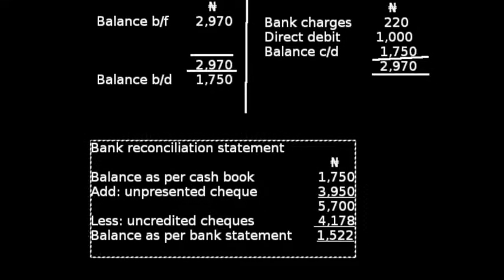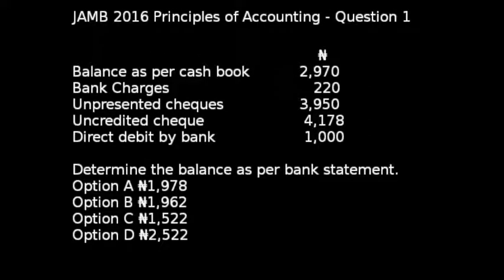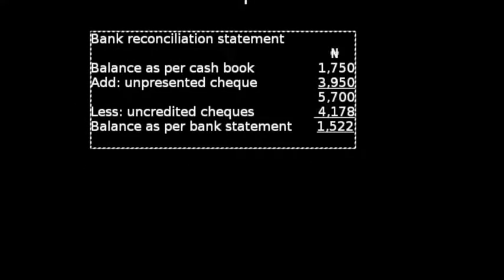We're given unpresented cheque, and of course, the unpresented cheque which was given to us in the question was 3,950 naira. And so if you add unpresented cheque of 3,950 naira to your balance as per adjusted cash book, which is balance as per cash book, you're going to have 5,700.